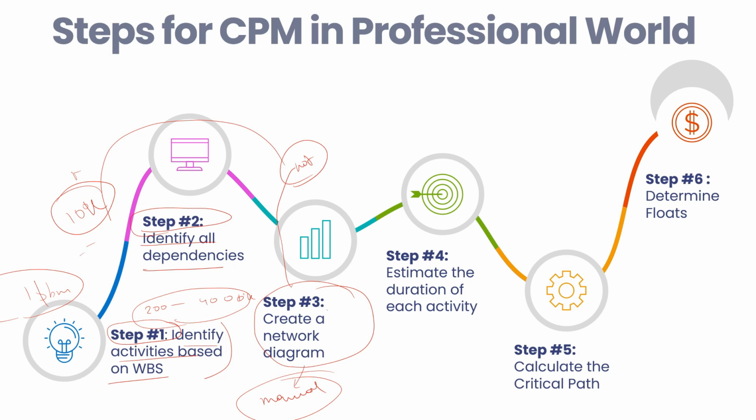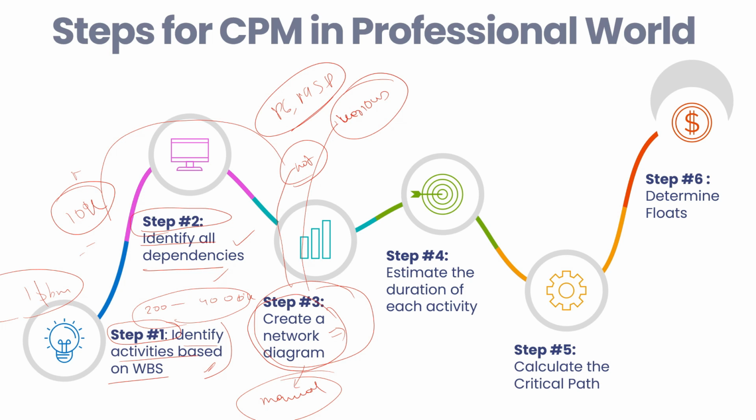So instead of doing this manually, in the professional world we use various software, right? There are various scheduling and planning software like P6, Microsoft Project, and several others, which help you quickly create the network diagram once you decide the dependencies and the list of activities.